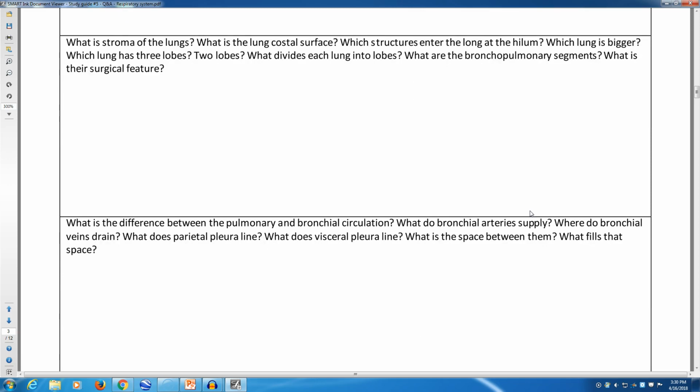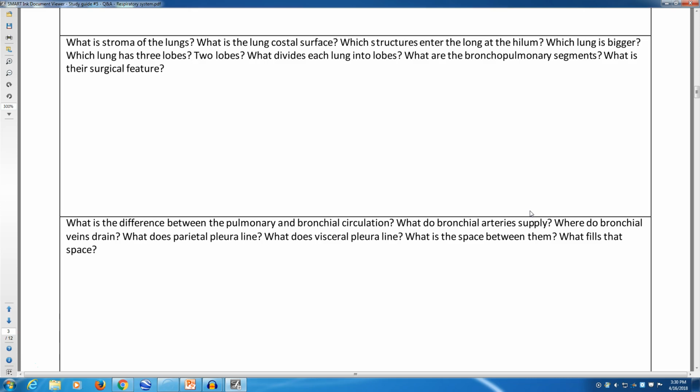Stroma of the lungs, mainly elastic connective tissue. Now, when I say what is, that's anatomy. Costal surface, the surface that faces the ribs. What enters at the hilum? Pulmonary veins, pulmonary arteries, bronchi, everything basically enters at the hilum.